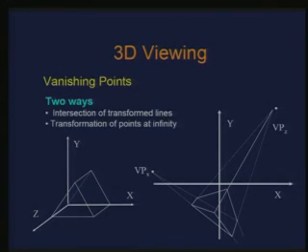Now, talking about vanishing points, we have already seen how to obtain them. One can do this in two ways. Let us say I am trying to locate the vanishing point on the projection plane or the image plane.